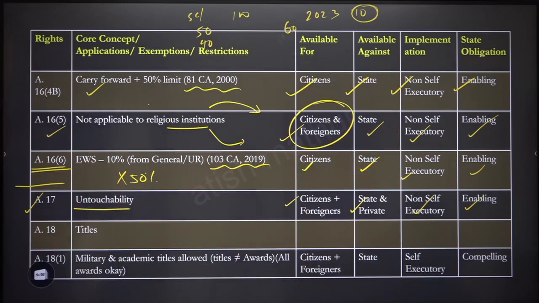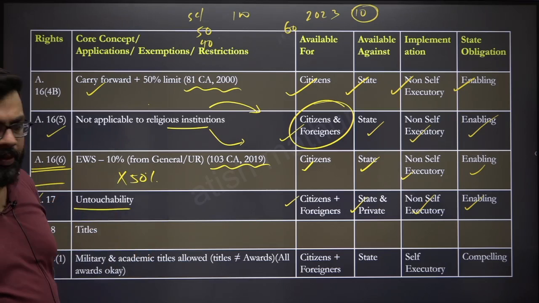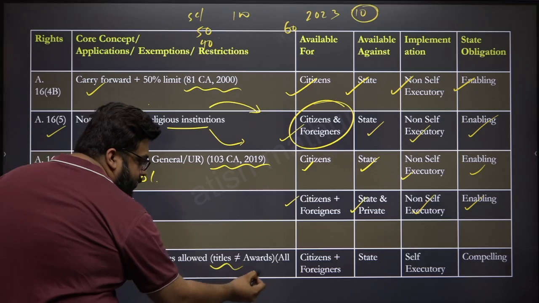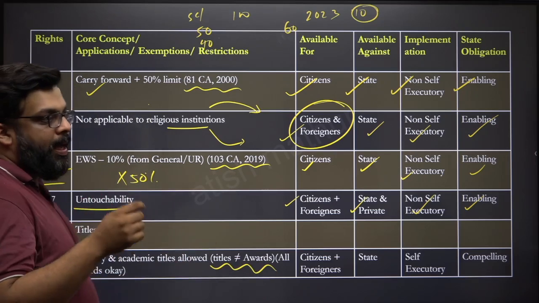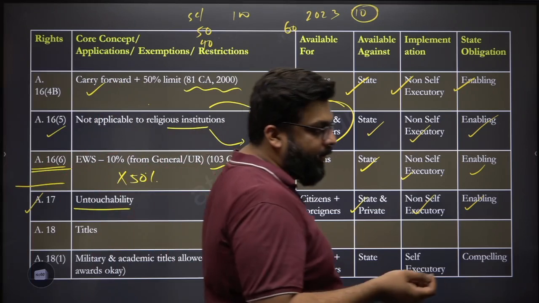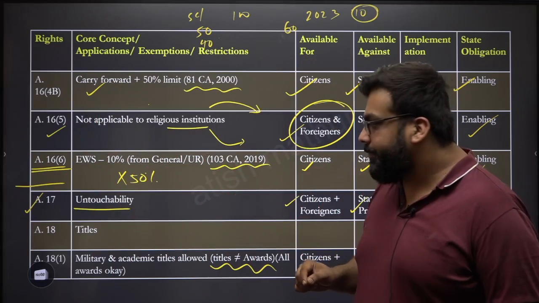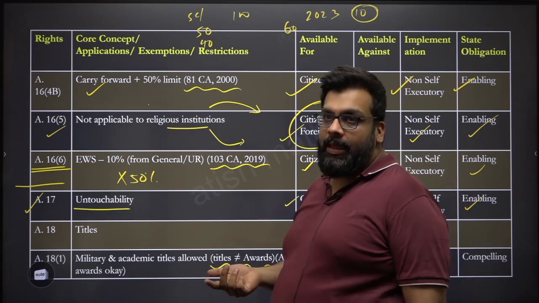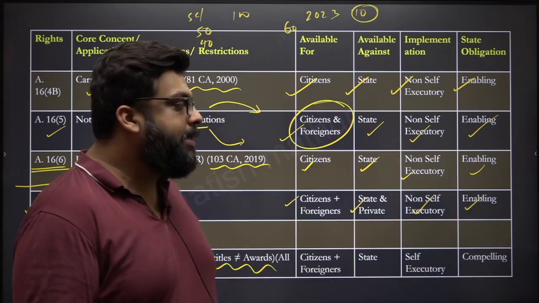So Article 18 Clause 1 basically says military and academic titles are allowed, and apart from that the state cannot give any title, and the interpretation is titles and awards don't mean the same thing. So Bharat Ratna is an award, okay, it's not a title, right? So military and academic titles are allowed, Field Marshal is allowed, that is perfectly okay, it's a military title.